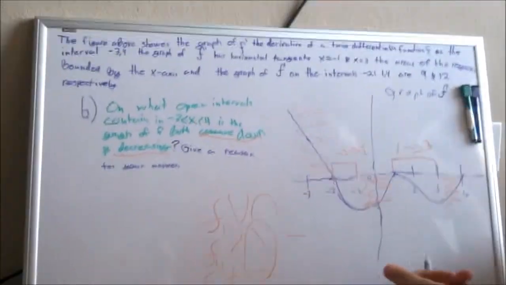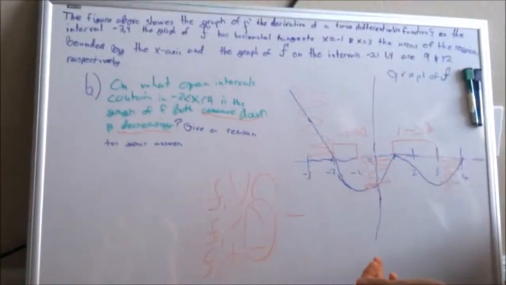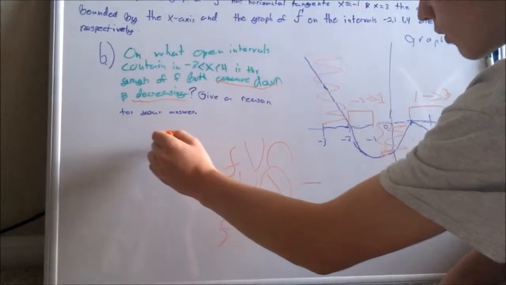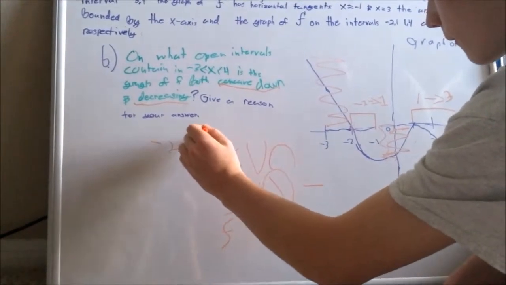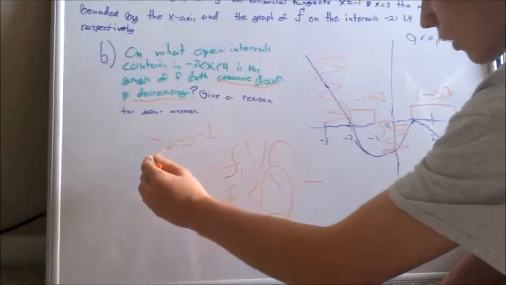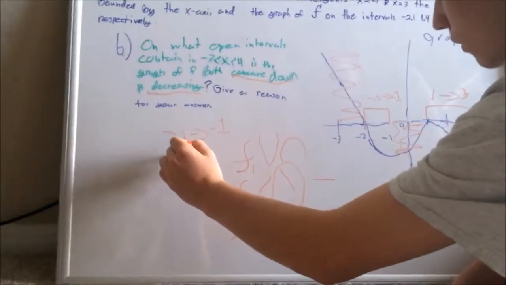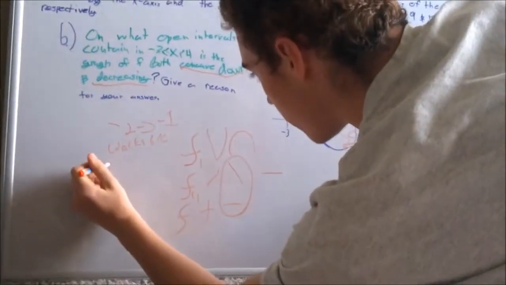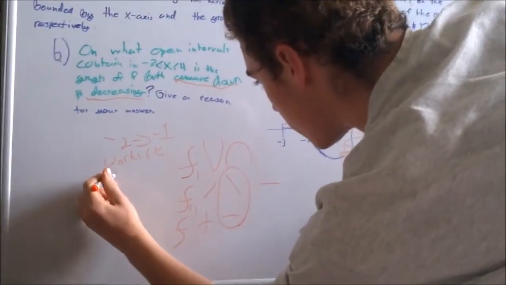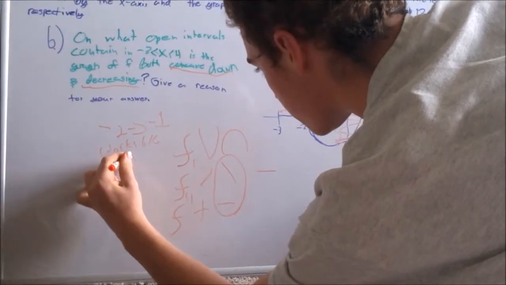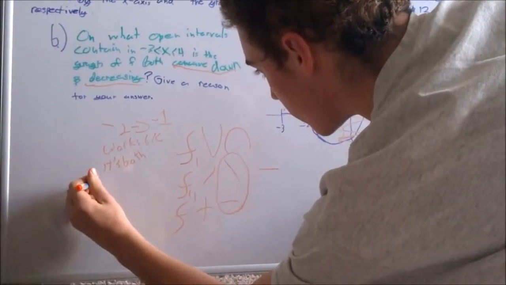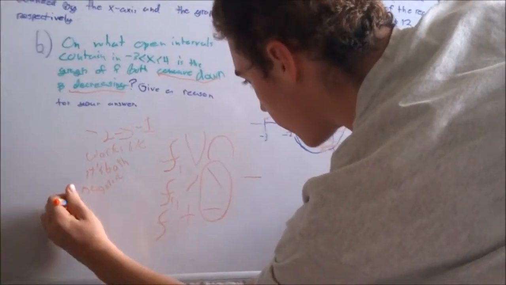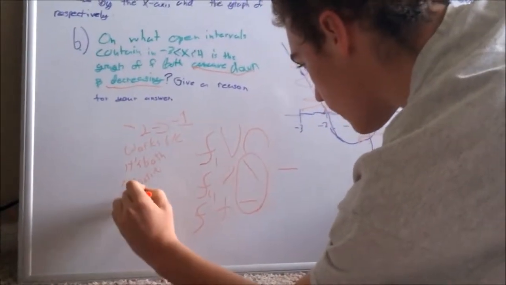Now, if you want to give a reason, quite frankly, the work provided should be enough. But just to clarify, negative 2 to negative 1 works because it is both negative and decreasing.